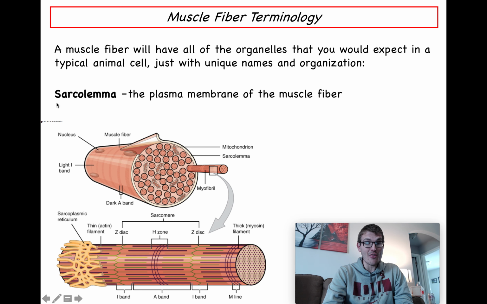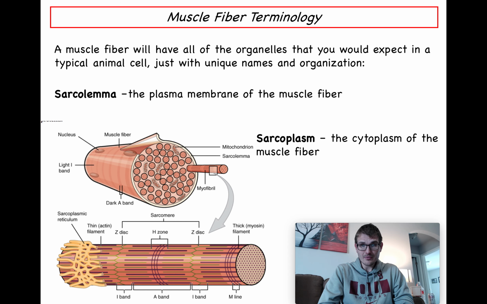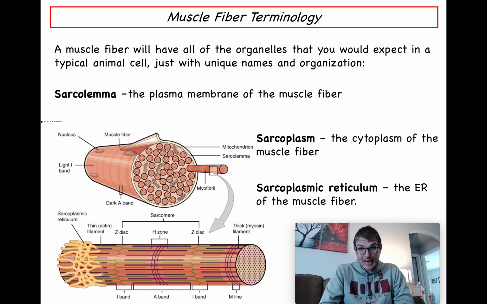It is referring to the plasma membrane of that particular skeletal muscle fiber. And that sarcolemma is what separates the extracellular fluid from the intracellular fluid. So don't forget that. The sarcoplasm is just what we call the cytoplasm. The sarcoplasmic reticulum is what we call the endoplasmic reticulum of the muscle fiber.